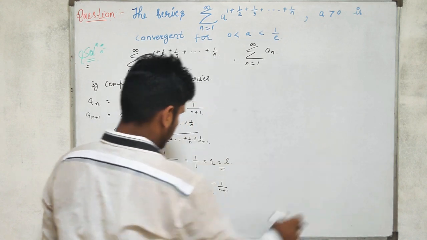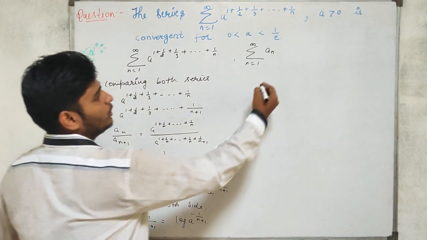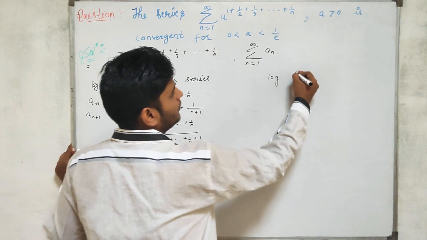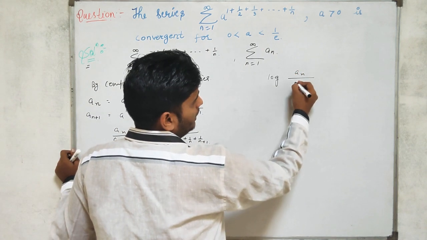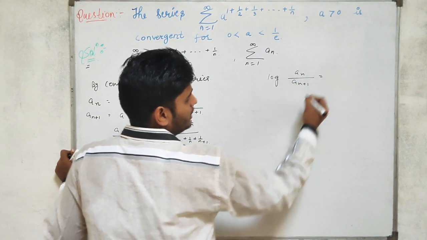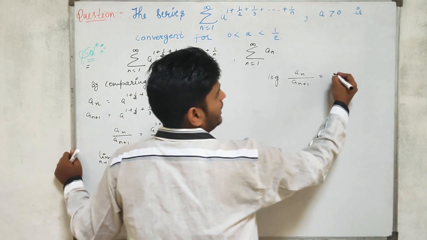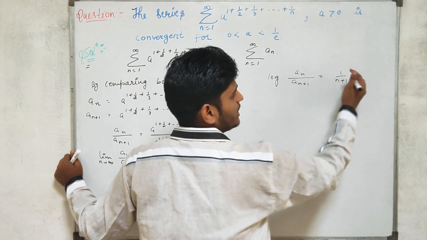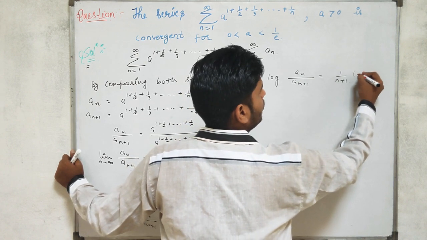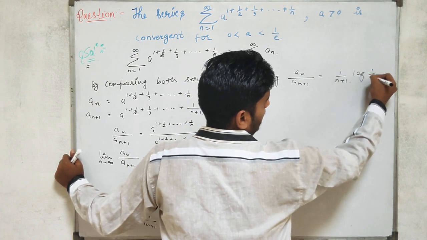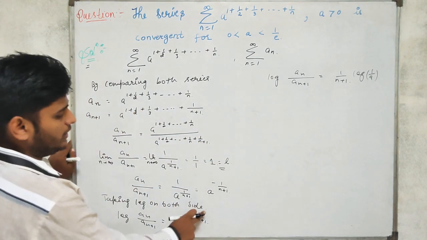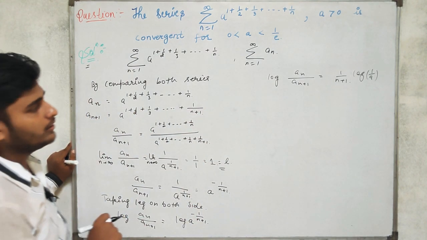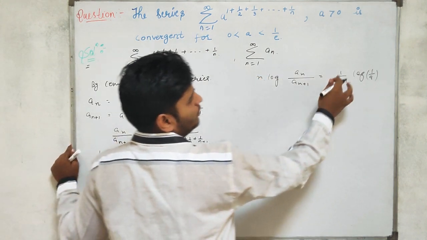By this property we can conclude that log of an upon an plus 1 is equal to minus 1 upon n plus 1, or we can keep the minus as it is and write this as log of 1 by a raised to the power minus 1, it's 1 by a. Now multiplying by n on both sides, we get n into log.